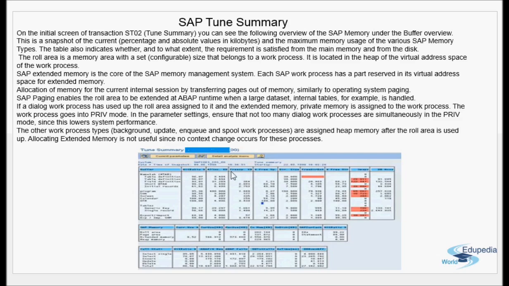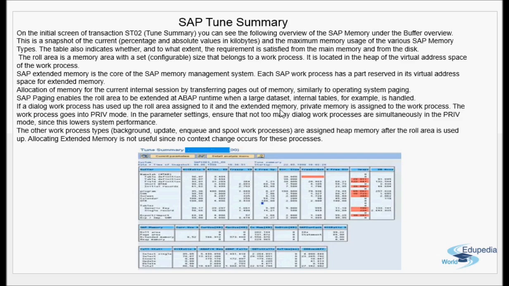So once the roll area is used by the work process, then it goes to the extended memory. Once that extended memory is also used, then it uses the heap memory. Then the work process goes into the priv mode, and you should ensure that we don't have too many dialog work processes in the priv mode. Priv mode means that memory is held by that user and that work process only.